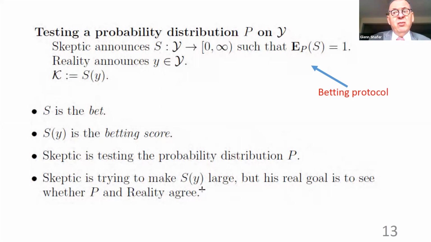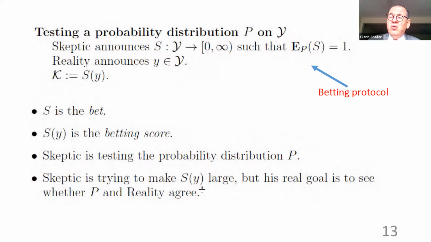I'm making up this model, but I better check whether it works. I better bet against it to see whether it works before I put it out to the public. So our real motive is science here. We're trying to find out whether the probability distribution agrees, has some consistency, with what reality does.